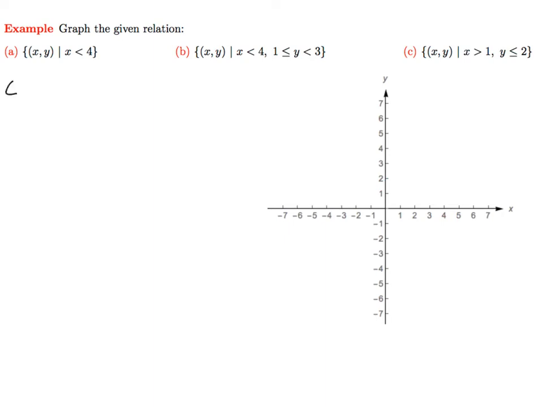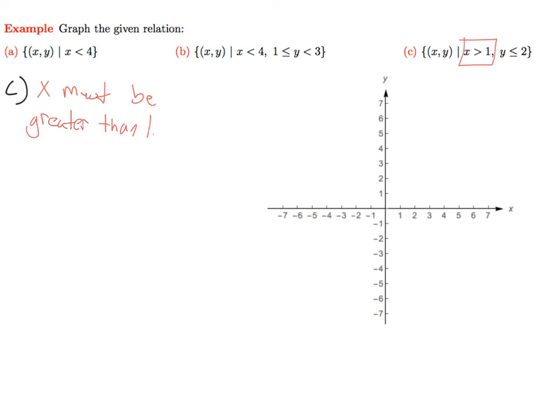In part C, we now are looking at the relation over here, where now we have one restriction on x that it must be strictly bigger than 1, and we have one restriction on y that it must be less than or equal to 2. And so to indicate the restriction on x in red, we see that x must be strictly greater than 1. And so we're going to exclude those points.